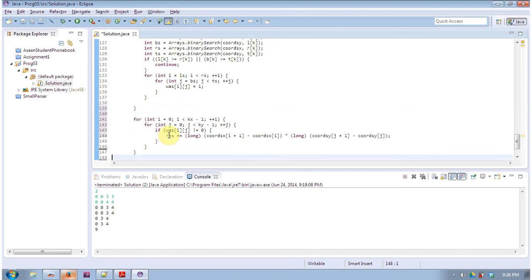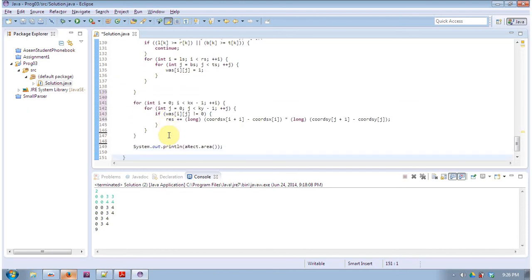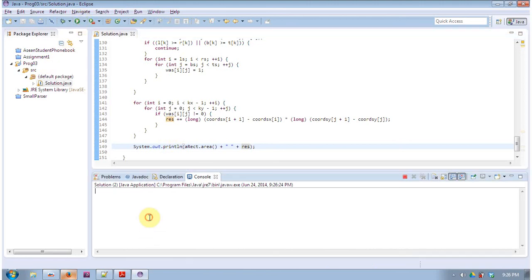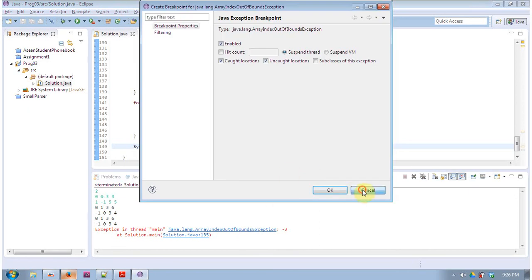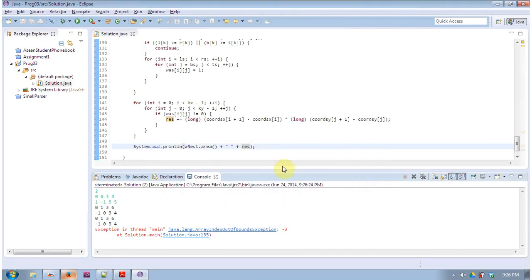I'm sorry, it should be this one, right? And then we have, yes. Okay, hopefully this works. It's a pretty long algorithm, 150 lines. 2, 3, 1, 1, 5. Ooh, array out of bounds. 1, 3, 5.